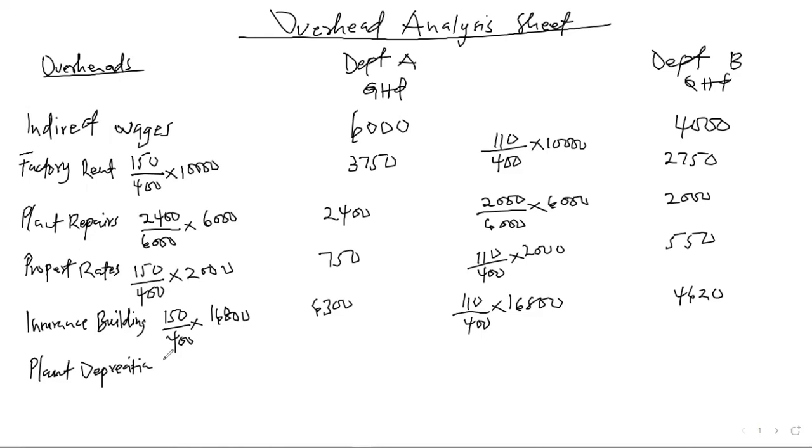The value of the plant for department A is 2,400 divided by the total, which is 6,000, times the cost of the plant depreciation, which is 12,000. When we cancel this, we have 4,800.